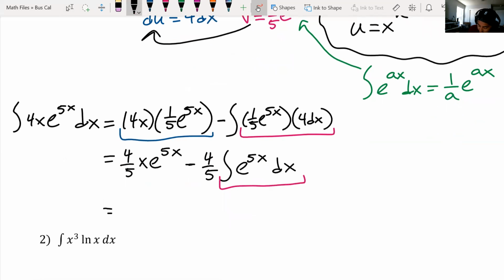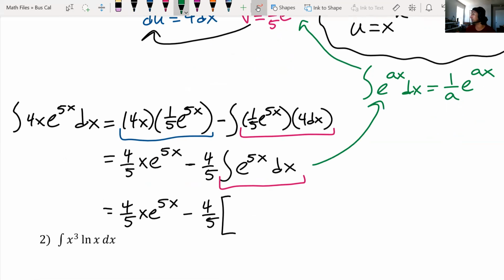So the leading term stays the same, 4/5 x e to the 5x minus 4/5 times the antiderivative of e to the 5x, which is again going to use this formula. And it's going to be 1/5 e to the 5x plus c.